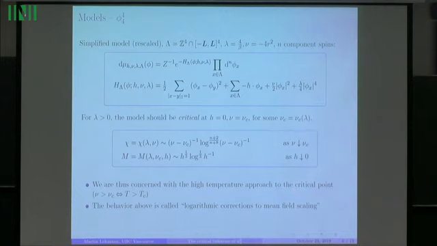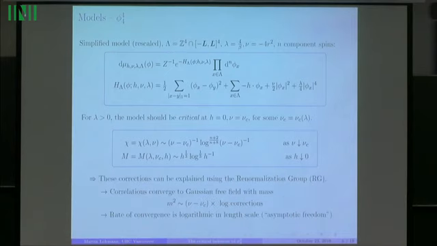There's a simple calculation you can do to see where the h to the 1/3 is coming from, but you cannot see the log corrections in any easy way. In fact, the method that one uses to see these log corrections is the renormalization group.